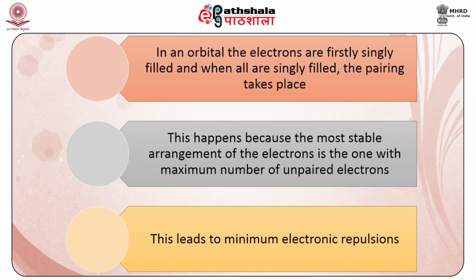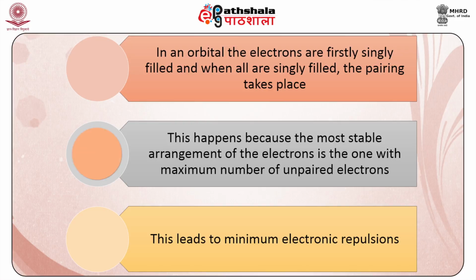The next to be discussed is Hund's rule. In an orbital, the electrons are first singly filled, and when all are singly filled, the pairing can take place.